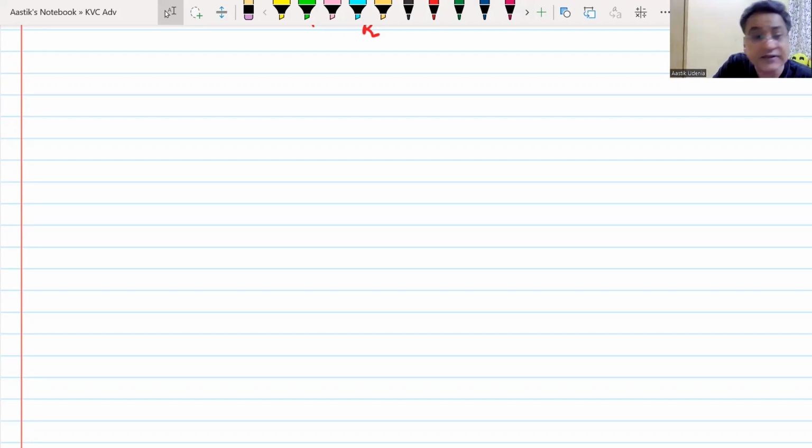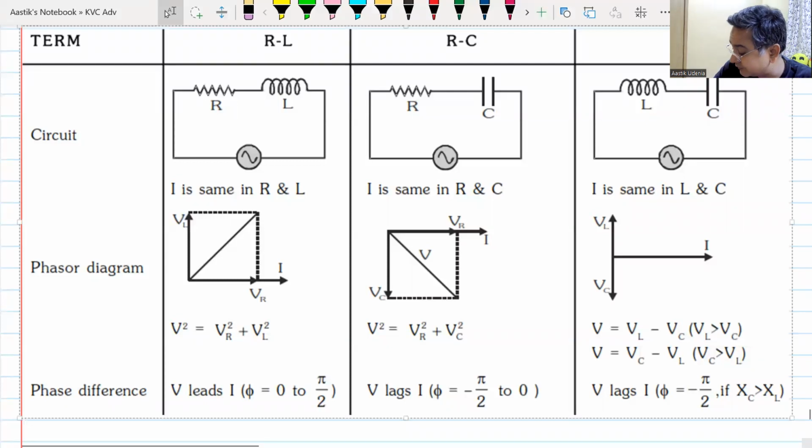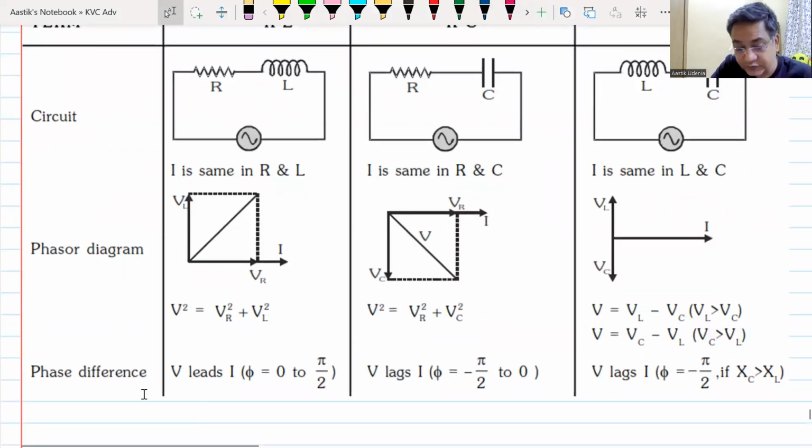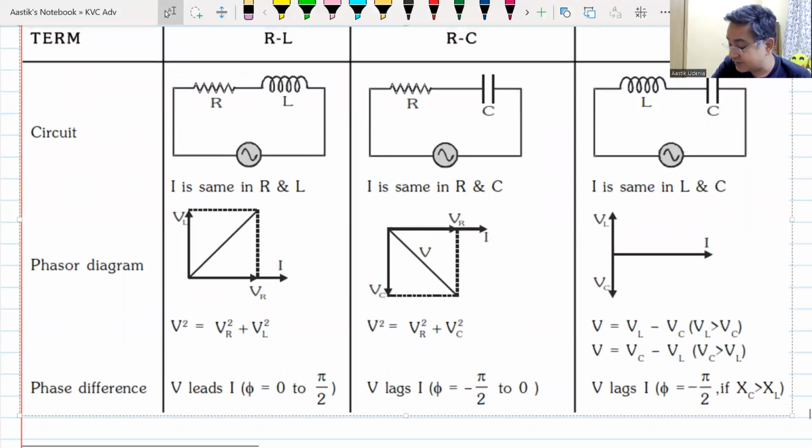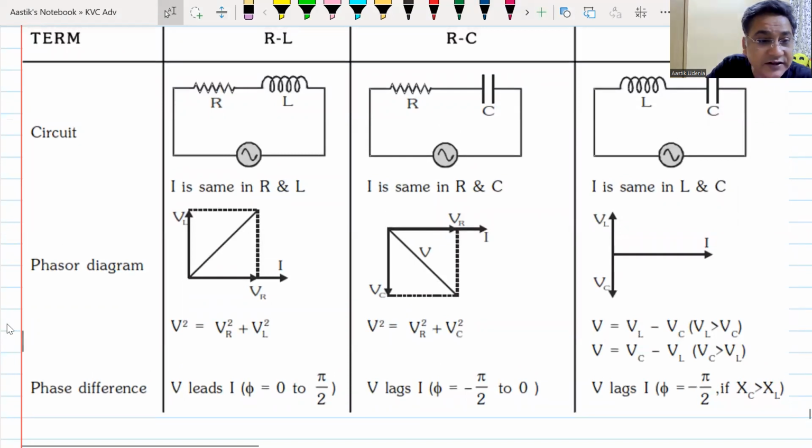So here comes this revolutionary diagram, and I hope everything is clear with this diagram. Yes or no? The first one is an RL circuit, the second one is an RC circuit, the third one is the LC circuit. If you get an LC circuit, you understand all the meanings here? Phasor diagram, phase difference, everything?